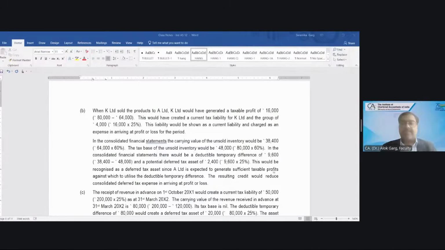Yes, the resulting credit would reduce the consolidated deferred tax expense in arriving at profit or loss.